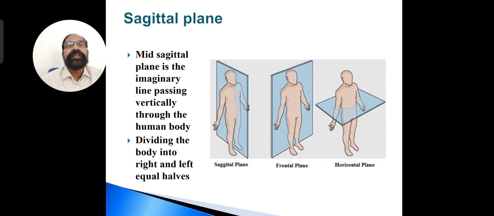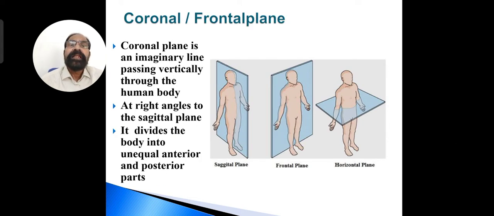So first we'll start with the sagittal plane. First we have the mid-sagittal plane. It is an imaginary line passing vertically through the human body, dividing the body into right and left equal halves. Then we have the coronal plane, the frontal plane.